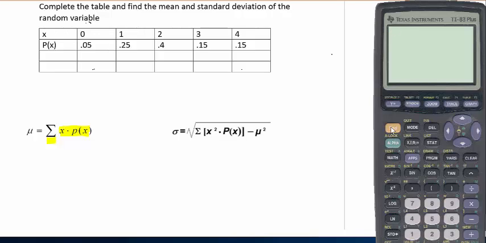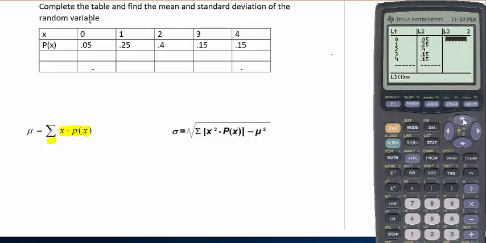So in the graphing calculator, stat, edit, and I have my x values typed into list 1 and my probabilities typed into list 2. The formula says to multiply each x value by its probability. So what I want the calculator to do is multiply my values in list 1 by their corresponding values in list 2.